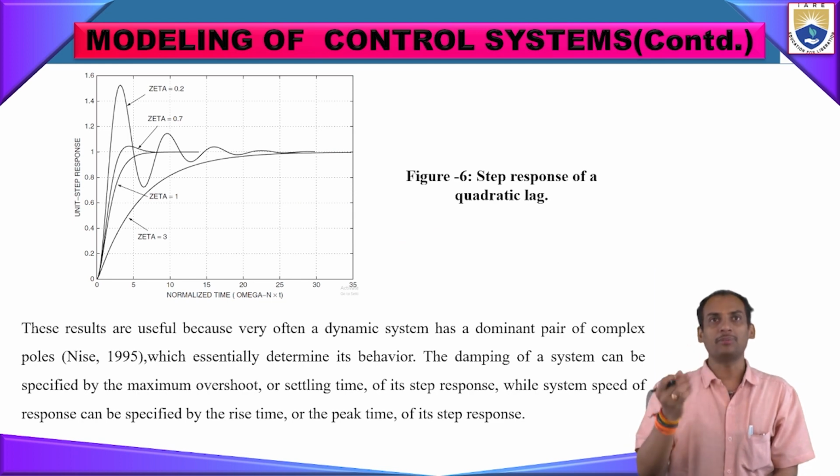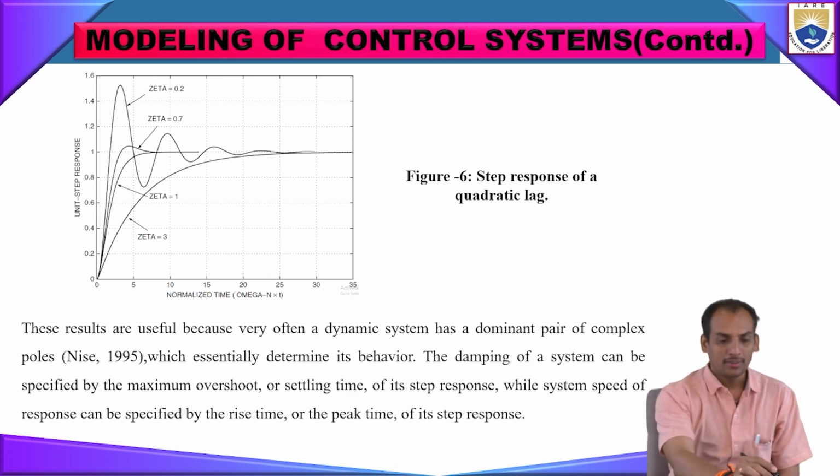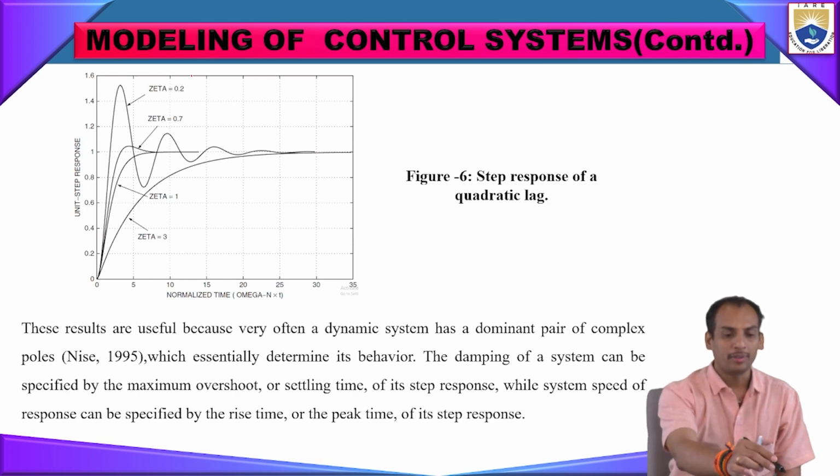So this is the time response plot for the given transfer function. You see the time response for zeta values of 3, 1, 0.7 and 0.2.